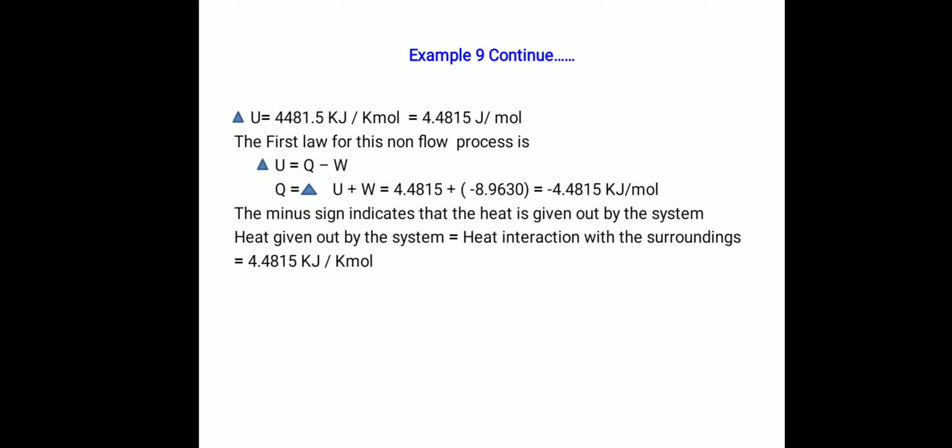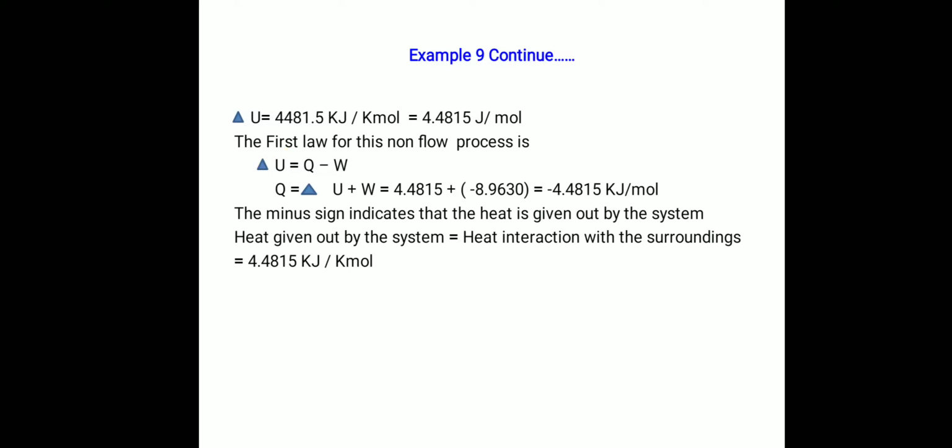With the help of the first law of thermodynamics, that is delta U equals Q minus W, we can calculate the value of Q, that is Q equals delta U minus W. Put the value which is calculated just now, that is delta U, and the value of W, which was also calculated in the previous part.